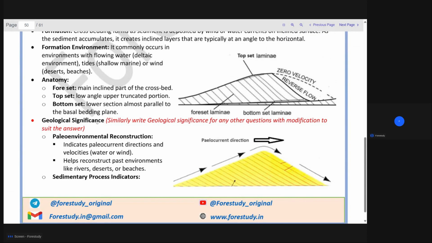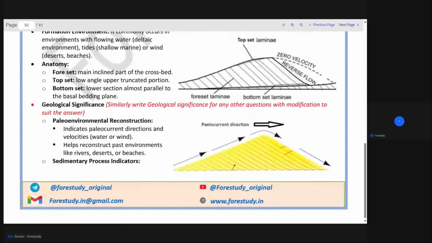So geological significance. Similarly, write geological significance for any other question, with modification to suit the answer. Paleo-environmental reconstruction: it indicates paleocurrent direction and velocities, water or wind, and helps reconstruct past environments like rivers, deserts or beaches, and serves as a sedimentary process indicator.